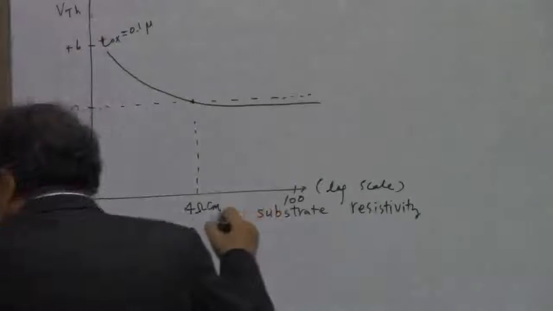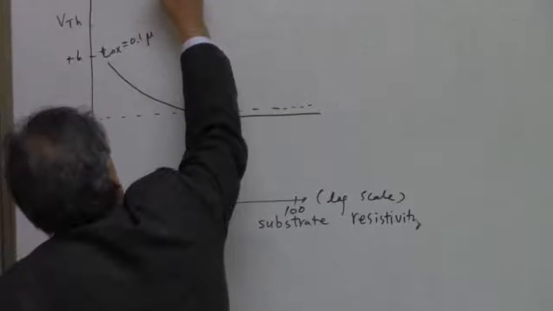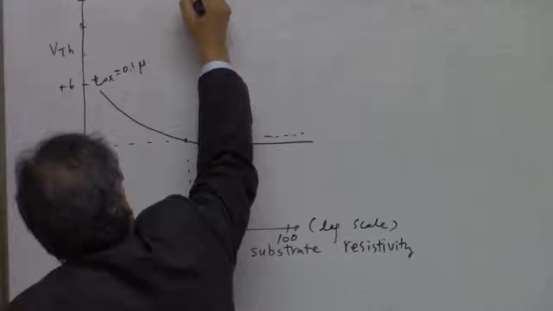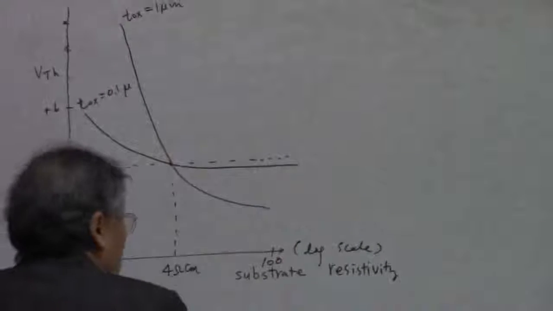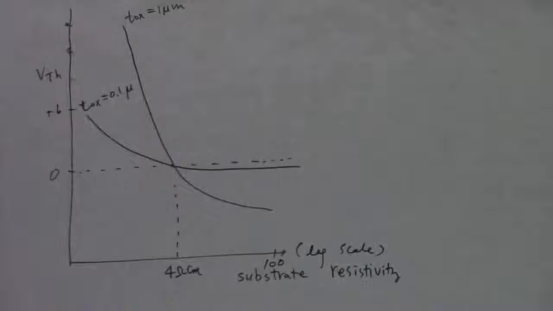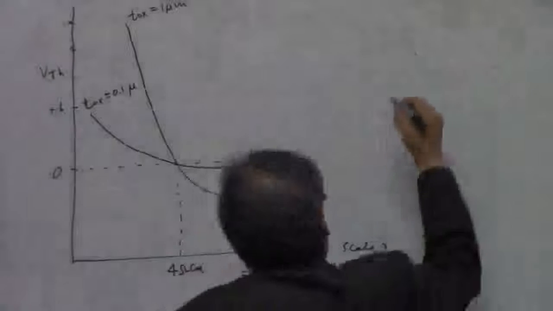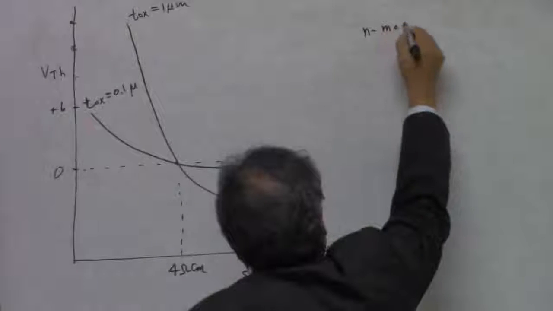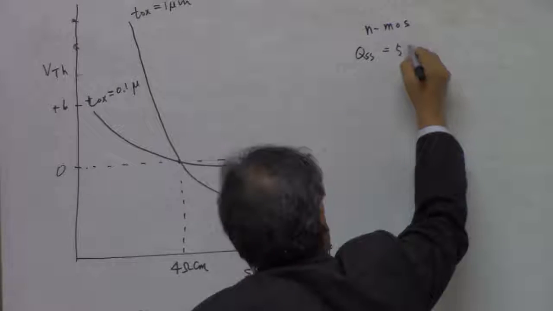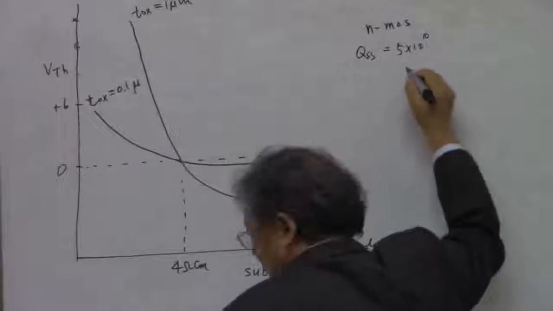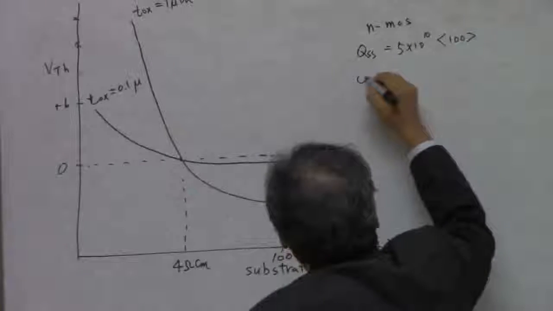Now, if you increase the oxide thickness to 1 micron, then the threshold voltage is going to change something like this with the substrate doping level, substrate resistivity. And for this, it is an MOS device, and the fixed charge is about 5 times 10 to the 10, and along 100.